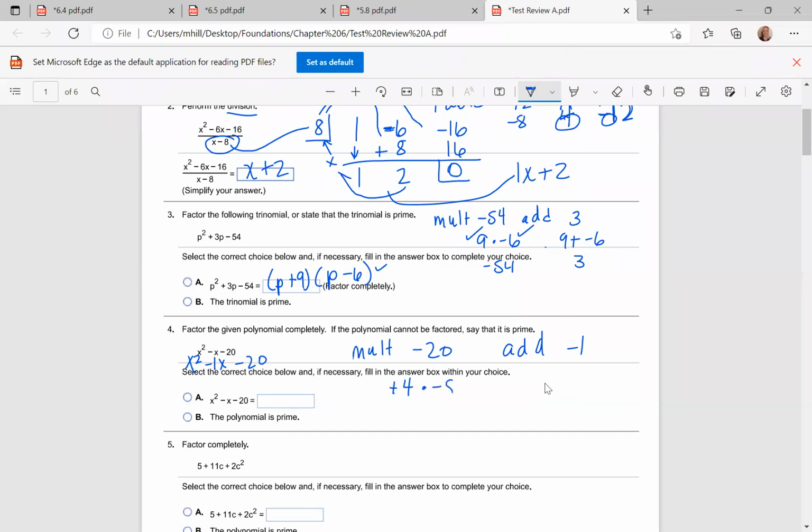Positive 4 times negative 5 is negative 20, but 4 plus negative 5 is negative 1. So these are the two numbers that are going to work. So I would say x plus 4 times x minus 5. Okay.